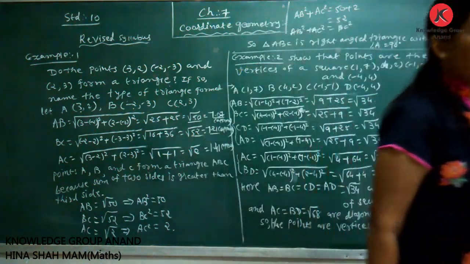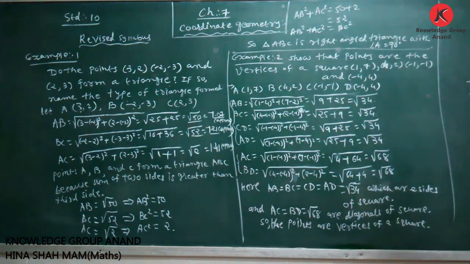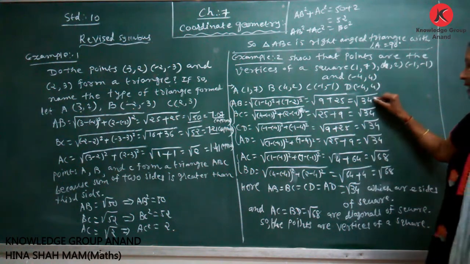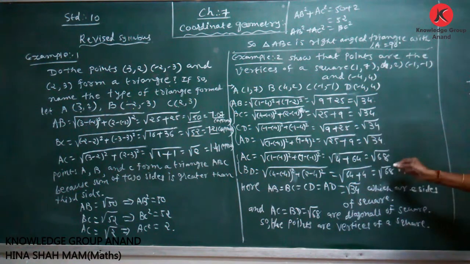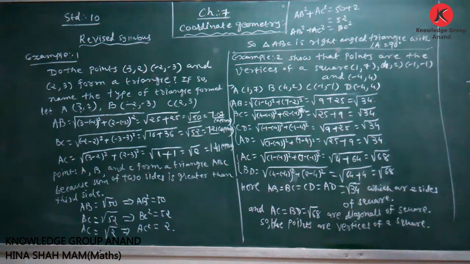Now, examples 1 and 2 are complete. In example 2, the points are vertices of a square; we find its sides and diagonals. If its sides are equal and diagonals are equal, then it is a square.